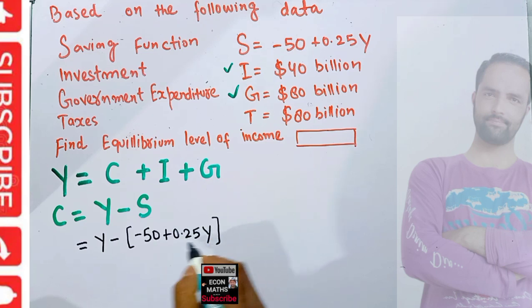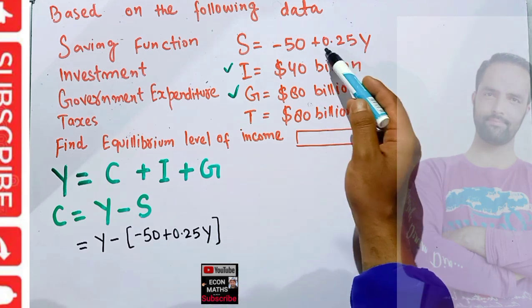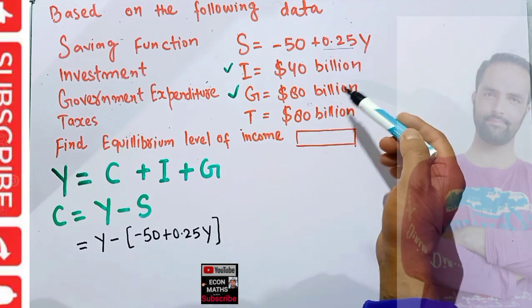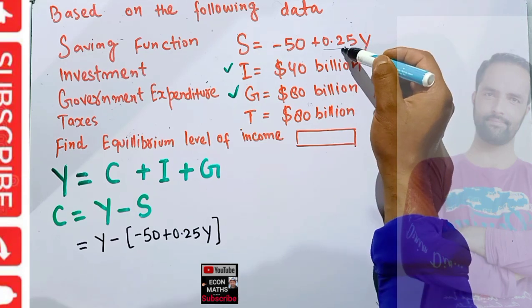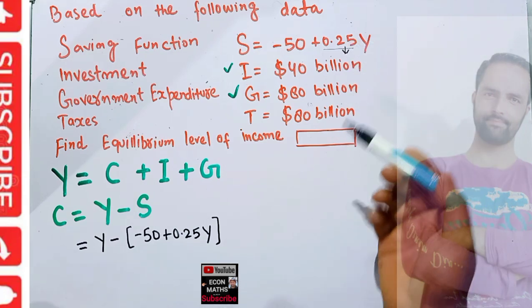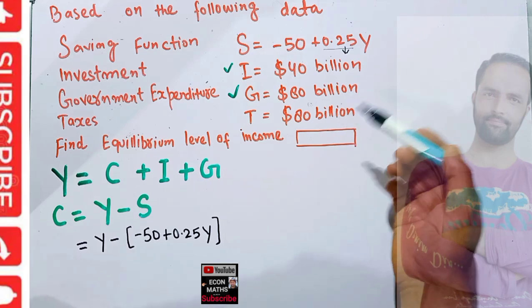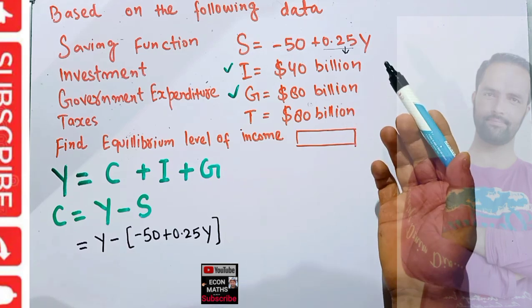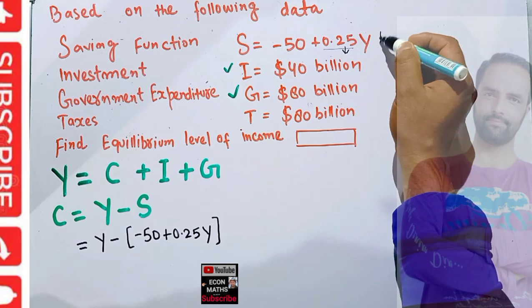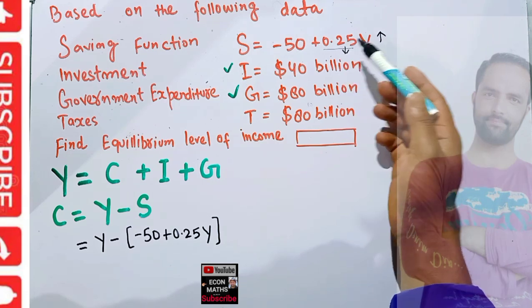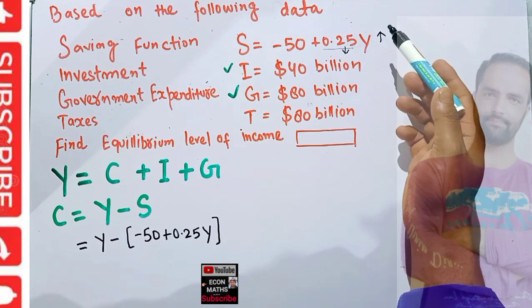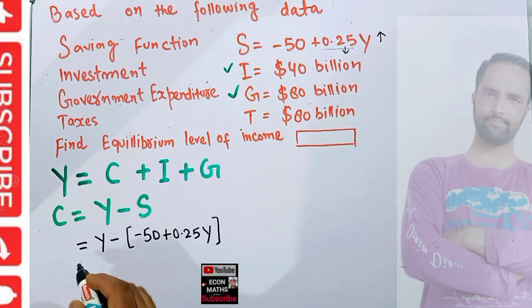So this 0.25 is obviously the marginal propensity to save. It simply tells us how many units of dollars we will save when there is a 1 unit dollar change in our income. How much our savings change when our income changes by 1 unit.